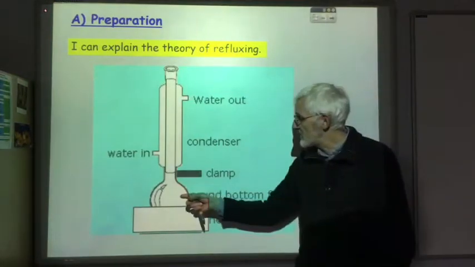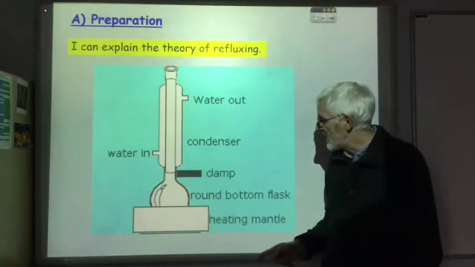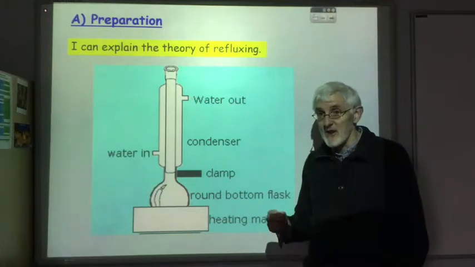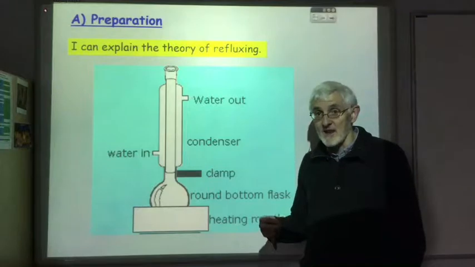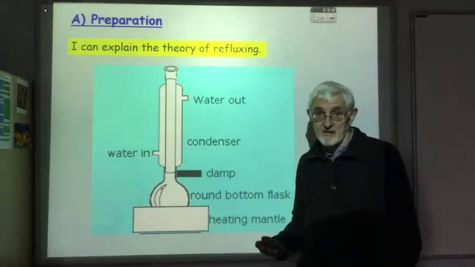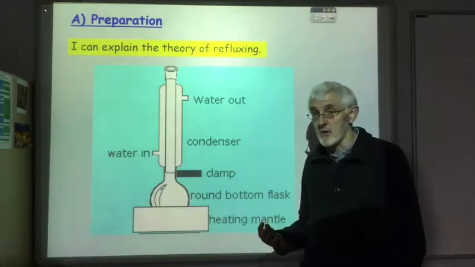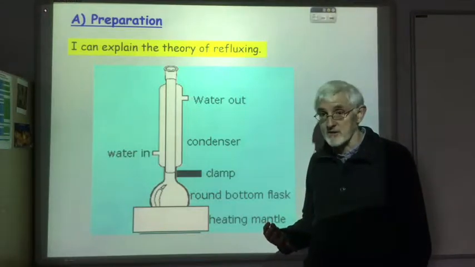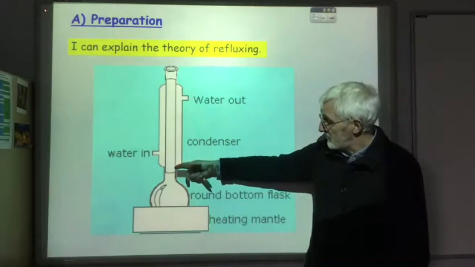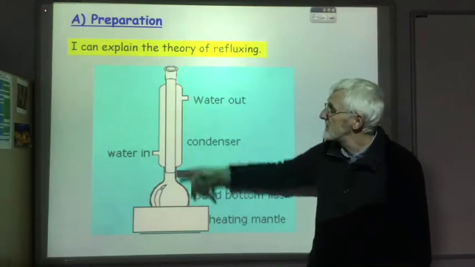So we'd have the reaction mixture in a round bottom flask. We'd normally heat it up using a heating mantle, as that gives you a very controlled temperature and it's a lot safer because you don't have a naked flame. But you're still going to get the volatile reactants or products evaporating. But on top of the round bottom flask we've got a condenser.